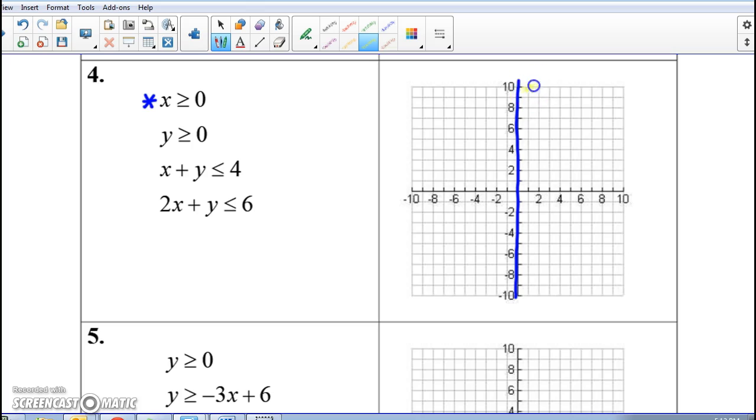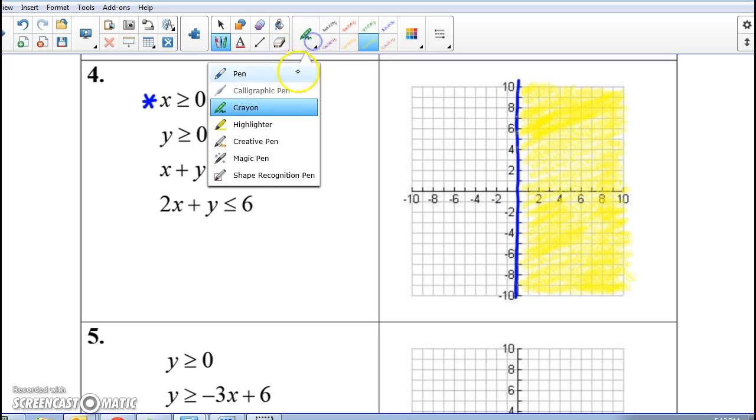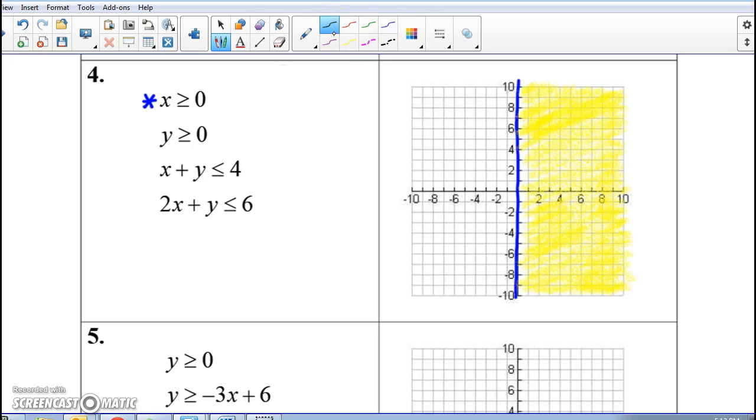So greater than would be everything over here. And this was a solid.